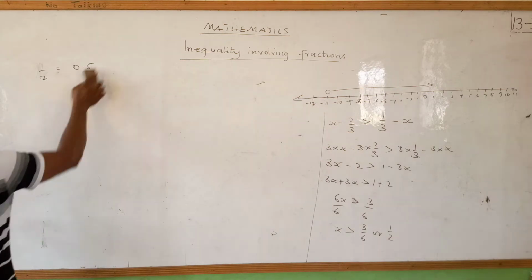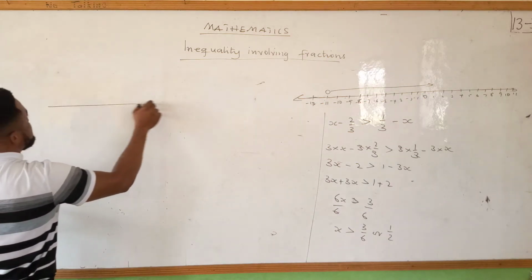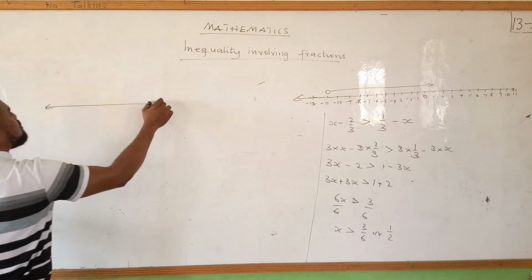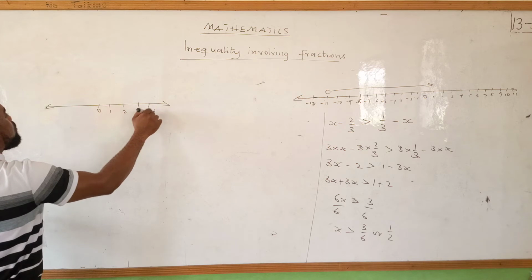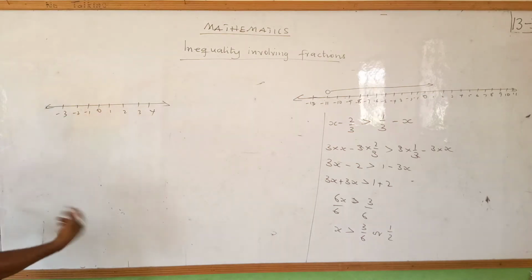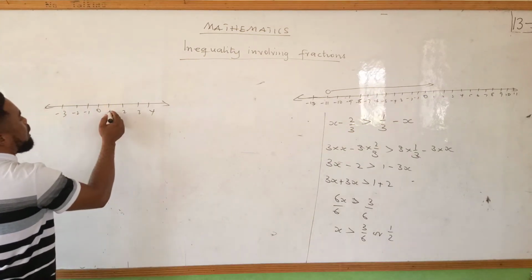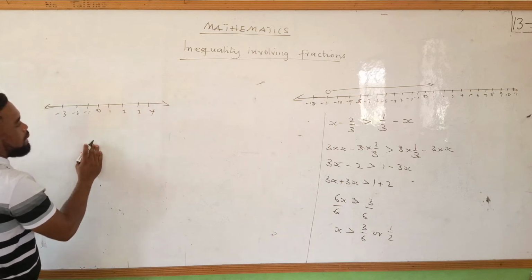So all that you need to do is to draw your number line. One, two, three, four, negative 1, negative 2, negative 3. Now let's identify half. This is 1. That is from 0 to this part is what? 1.